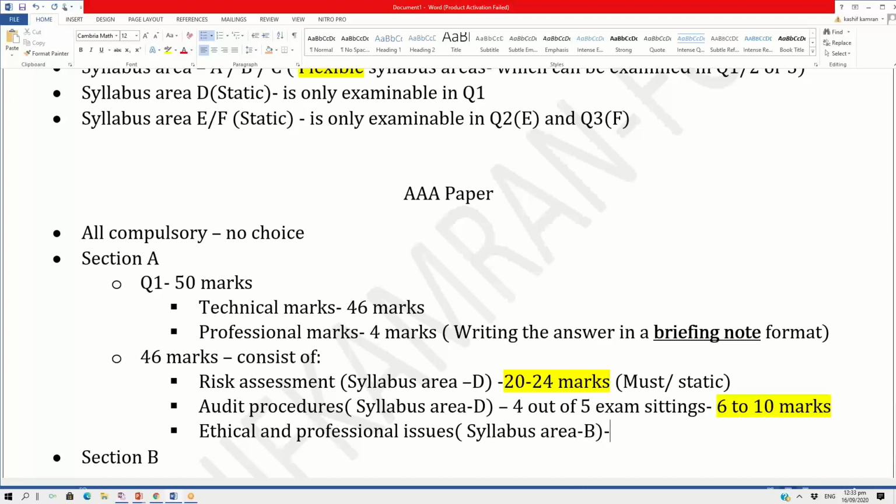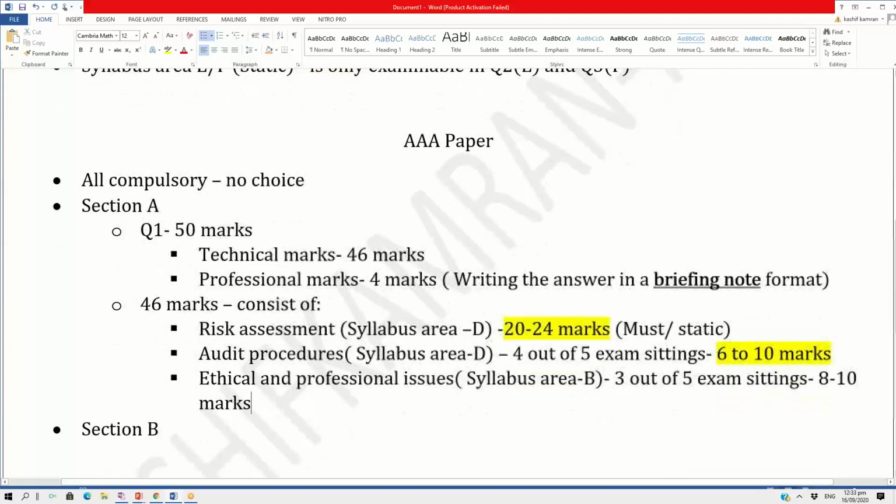It appears in 3 out of 5 exam settings. We have seen the examiner asking for ethical and professional issues. How many marks? On average, 8 to 10 marks.